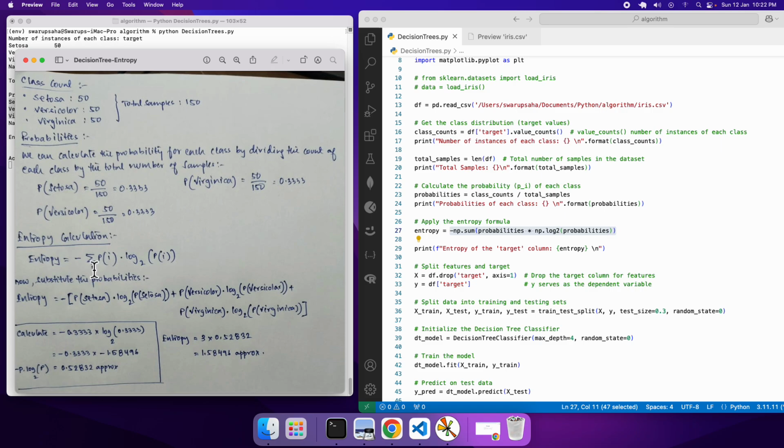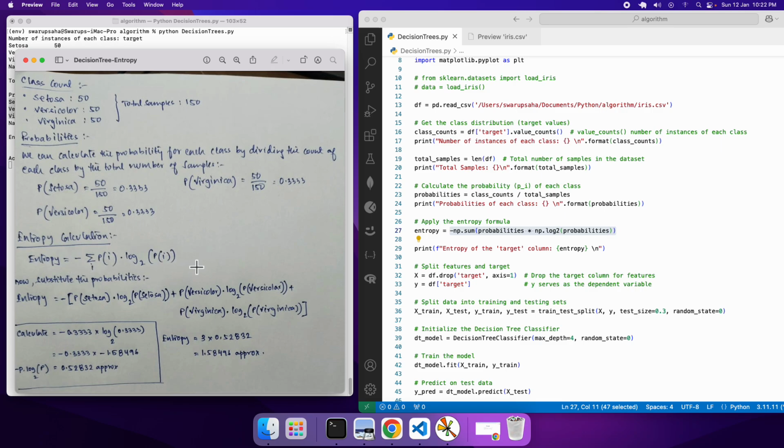The probability of i means probability of Setosa, probability of Versicolor, probability of Virginica. All of these are summed up together, into log of probability of i base 2. This is very important; this is the formula we use to find entropy. I repeat, it is the summation over all the classes in the data set, of the probability of each class times log of the probability of those classes base 2.